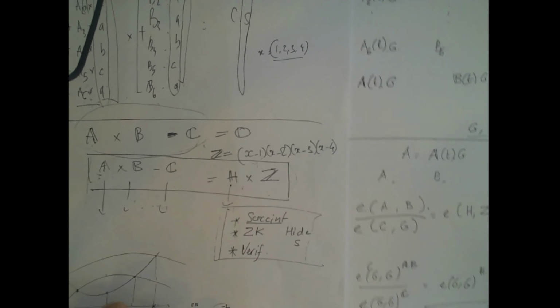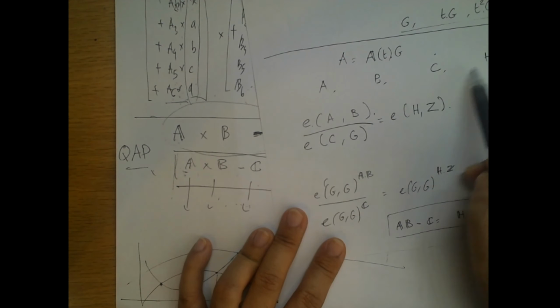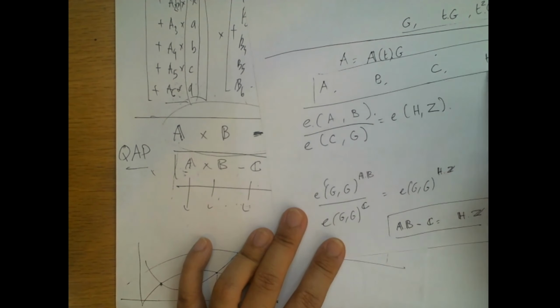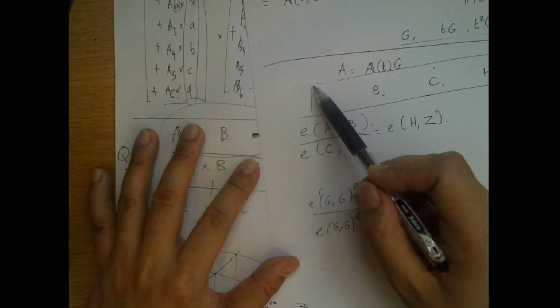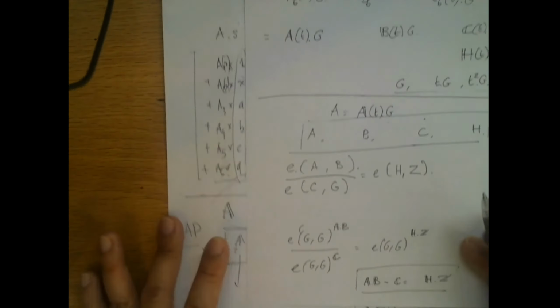When he sends the points A, B, C, H, they are blinded, as they were multiplied by G. So the verifier cannot be sure that these values were actually obtained by doing a linear combination of A1 through A6, B1 through B6, and C1 through C6.